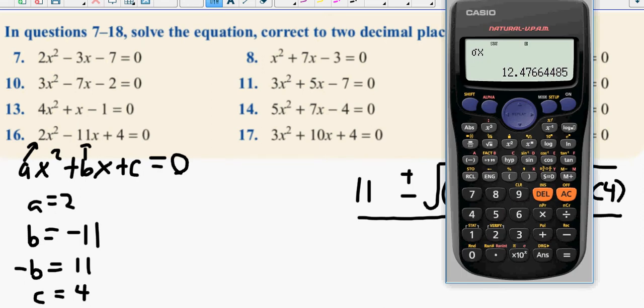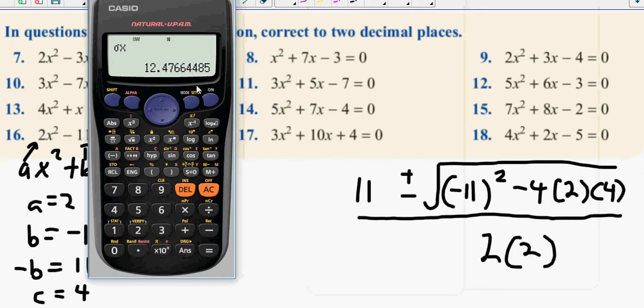My calculator is currently in stat mode, so I'm going to press mode to computer. I'm going to press the fraction button first. So everybody, always the fraction button first, okay? Then you do 11. I have to do plus, and then I'll do minus later.